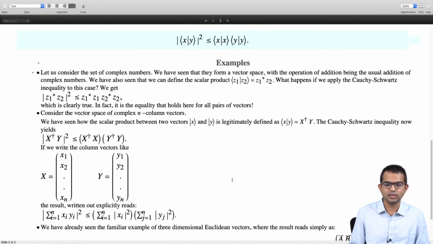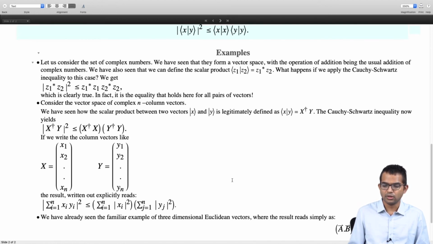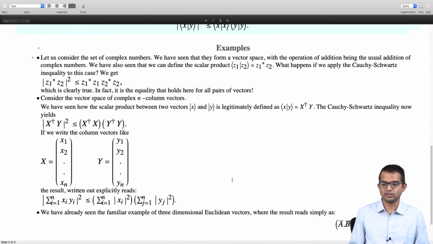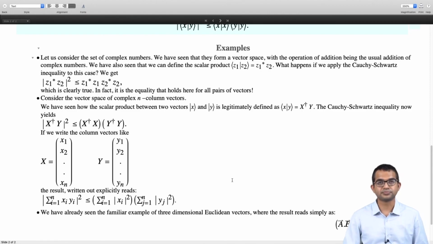And then of course we have seen one example, which is the familiar result for Euclidean vectors, where the result simply reads as a dot b, the whole squared, is less than or equal to a dot a times b dot b, right? There, we saw that this was simply a consequence of the fact that cos squared of theta is always less than or equal to 1.